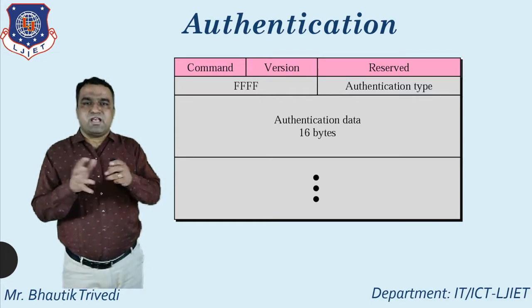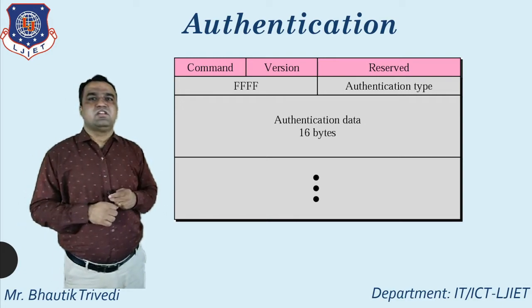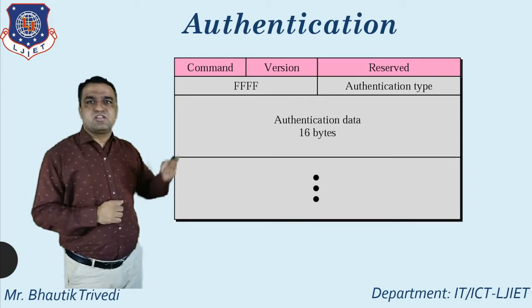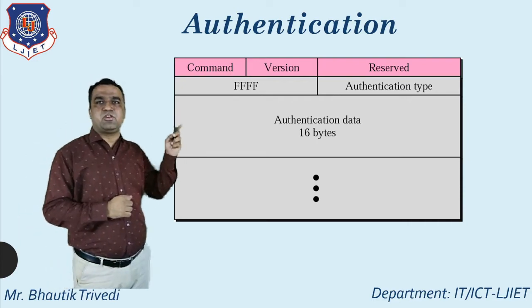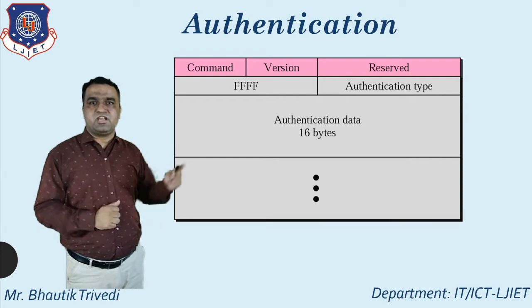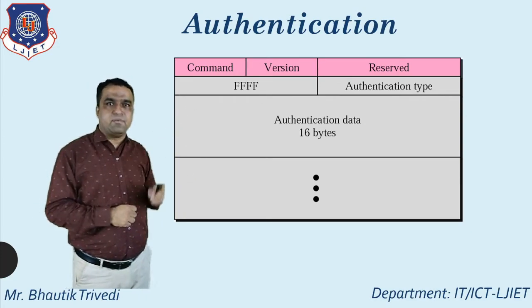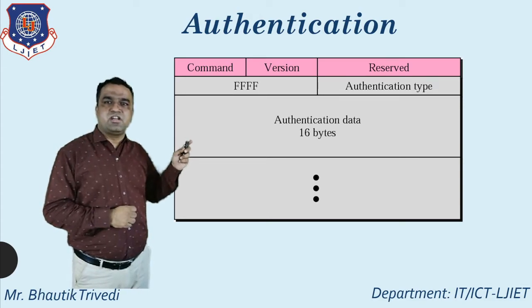So this is one message format. Whenever you apply authentication in RIP, at that time this particular format is supported. Must remember three important things: first, FFFF; second, authentication type; and third, authentication data.